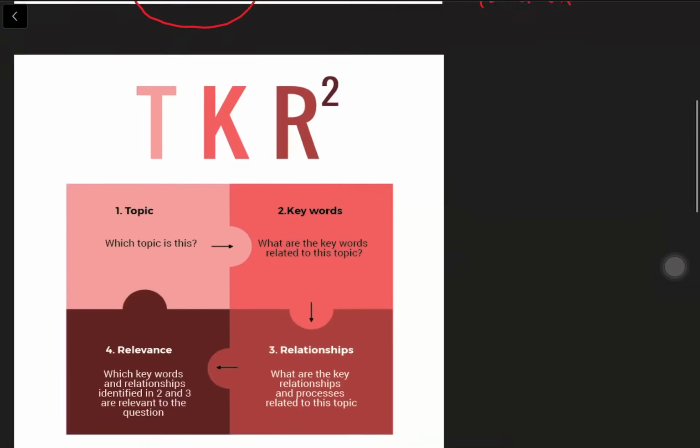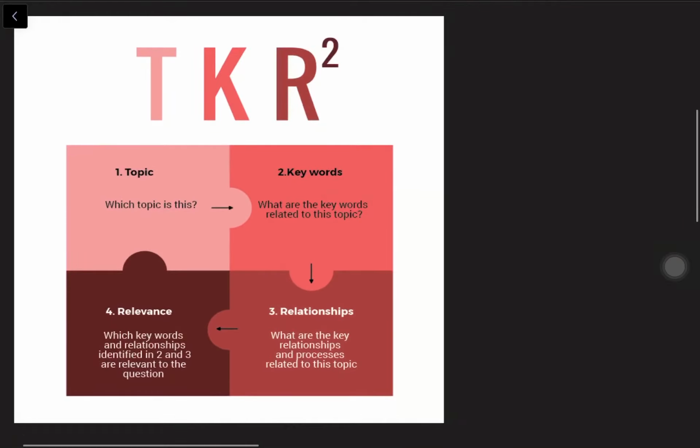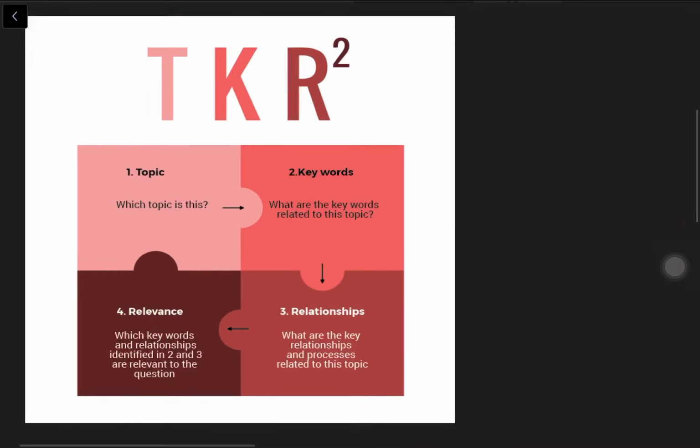Alright, so this is a more detailed explanation about the TKR square framework. While you are doing your questions, after you've read the questions, you ask yourself, what topic is this? So you do T. After that, you ask yourself, what are the keywords related to this topic?